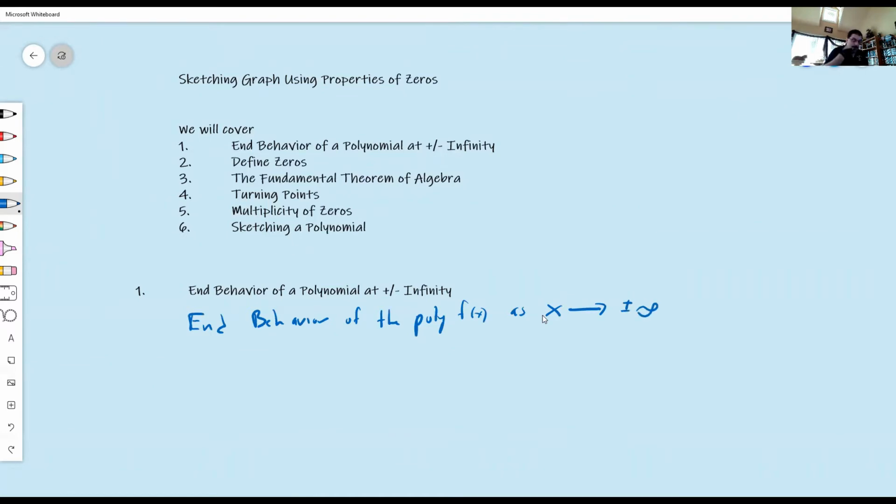You may also hear this referred to as the lead coefficient test, or the lead term test.